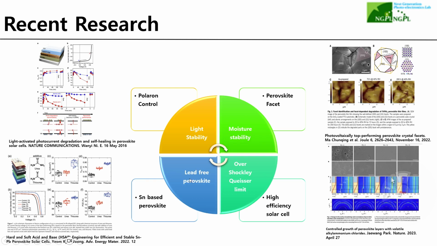And about lead-free perovskite, some group shows hard and soft acid and base engineering for efficient and stable tin-lead mixed perovskite solar cells. And lastly, the over Shockley-Queisser limit, which means high efficient solar cell.